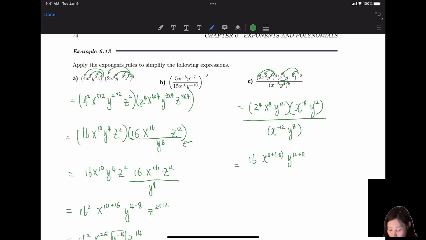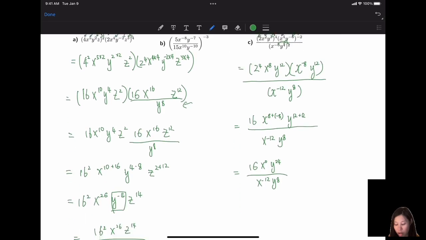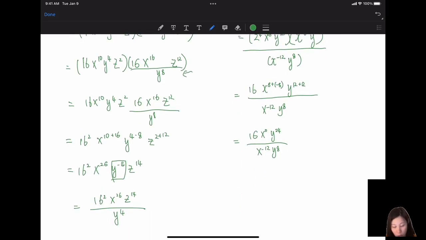Add 12. Over x to the negative 12, y to the 8th. So I have 16, x to the 0, and y to the 24th, over x to the negative 12, and y to the 8th. Now, x to the 0 equals 1.